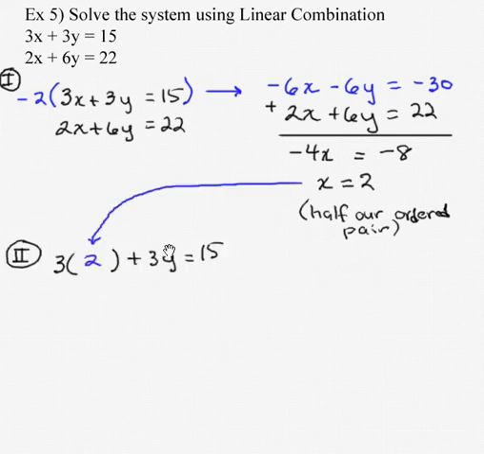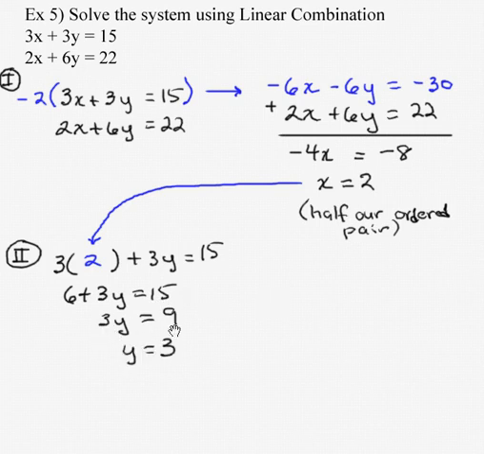For the second half of this problem, part 2, we're going to do the substitution method. Choose either the top equation or the bottom one. Doesn't matter which equation we choose. Whichever one we choose, we're going to substitute 2 in place of x. So to simplify that, 3 times 2 is 6. Subtract 6 from both sides, and 3y is 9.